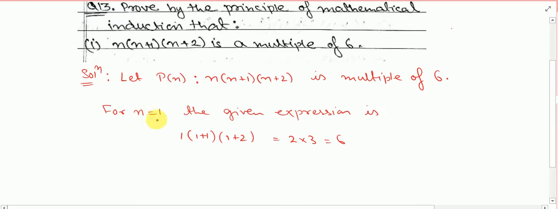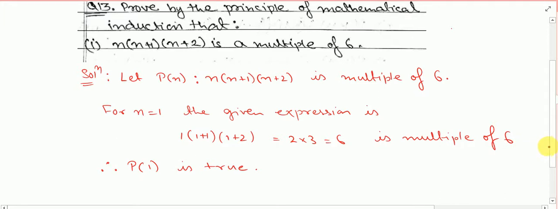Okay. So, for n equal to 1, the given expression is multiple of 6. Yes, 6 is multiple of 6. Therefore, P1 is true.